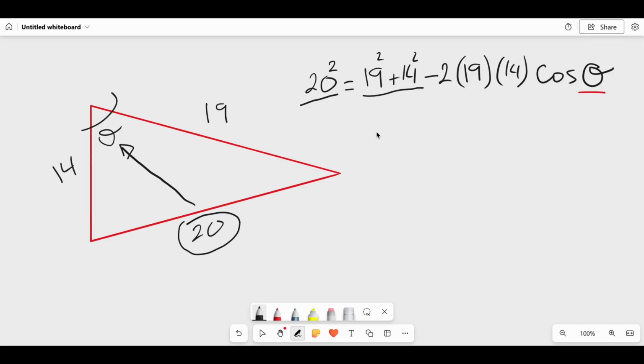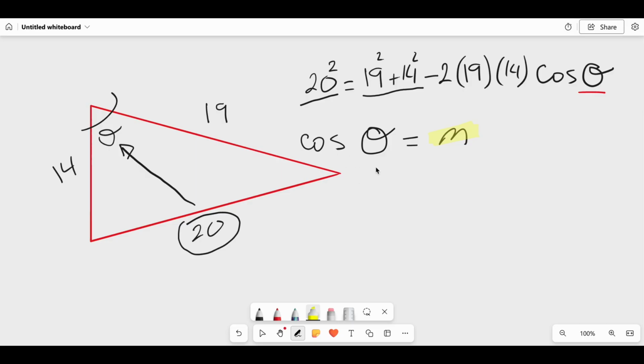At the end, you're going to have something like this: cosine of the angle is equal to a number. Let's call this number m. Once you do this operation, you're going to end up on one side of the equality with the cosine of the angle that we're looking for equal to the number that you're going to find using your calculator.